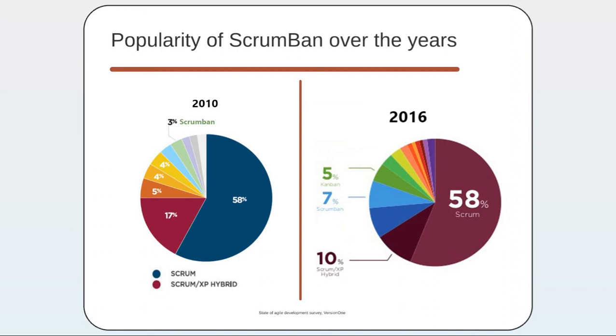If you take a look at this 17%, which has been using the Scrum and Extreme Programming hybrid model, that has decreased to 10% in 2016. So there must have been some problems with that approach. I haven't researched that approach. But this hybrid approach, ScrumBan, has increased from 3% to 7%, and it has also exceeded the Kanban percentage.